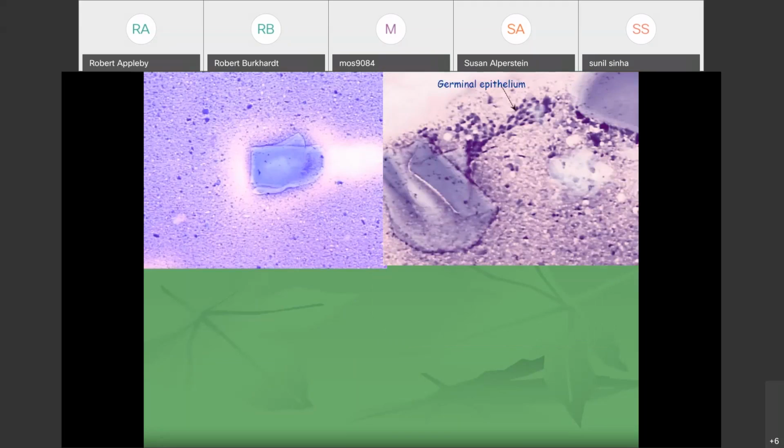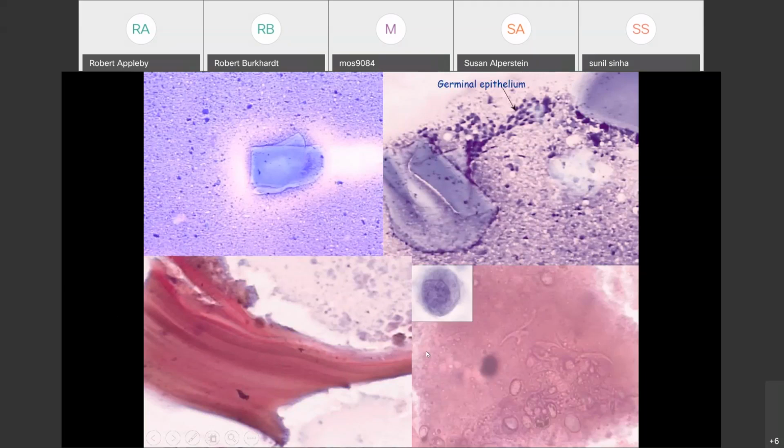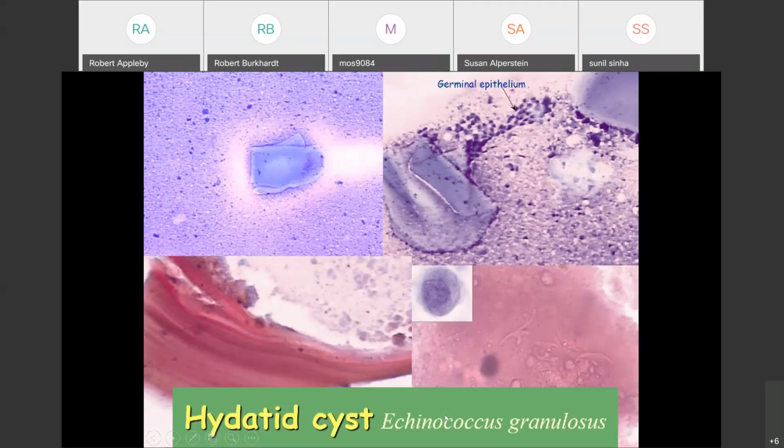And then some epithelium and very thick wall, and high power shows echinococcus in here. So it's a hydatid cyst, echinococcus granulosus.